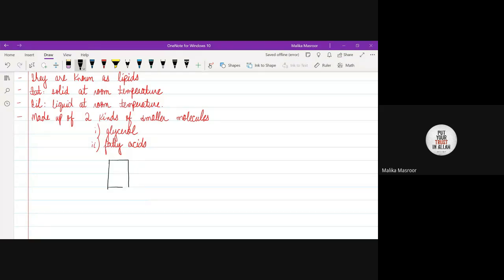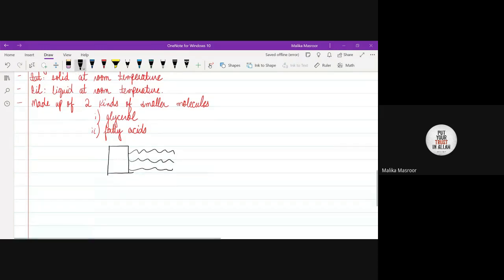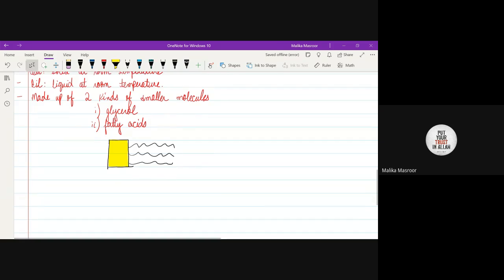This is your glycerol, and these are your fatty acid chains.